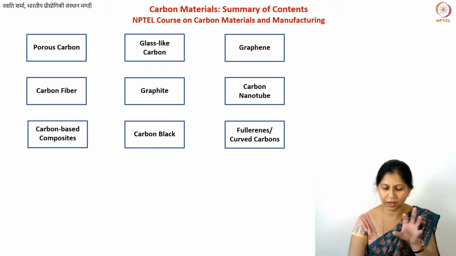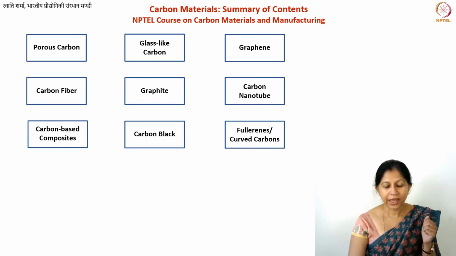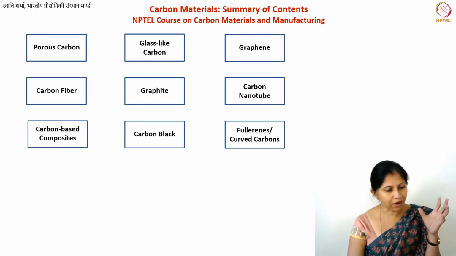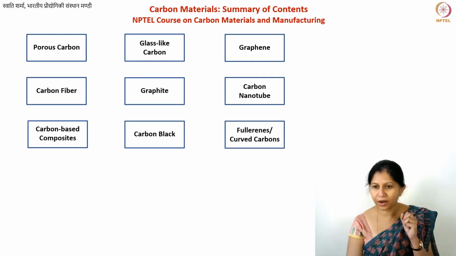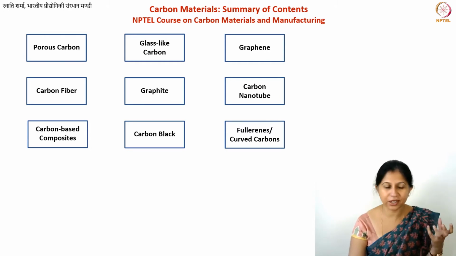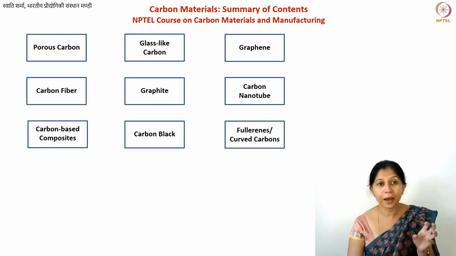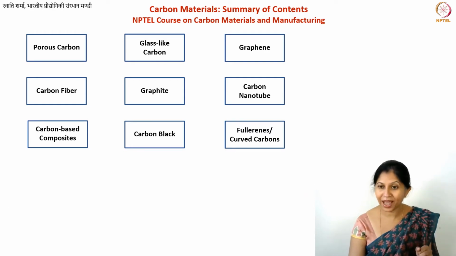We gave examples. So we learned about fullerenes throughout the course actually, because instead of talking about fullerene as an individual or as an industrial carbon material, what I have done is I have talked about fullerenes and other curved carbon structures as the building block, as a structural unit present in several non-graphitizing carbons.